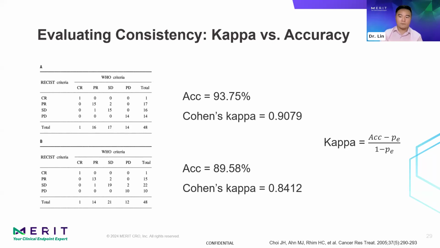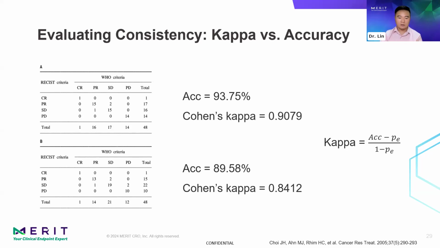The kappa coefficient, however, can address the limitation of accuracy by adjusting for the expected level of agreement that occurred by chance alone, because it takes into account the distribution of assessment categories and penalizes agreement that is merely due to chance. And this is how we calculate kappa.